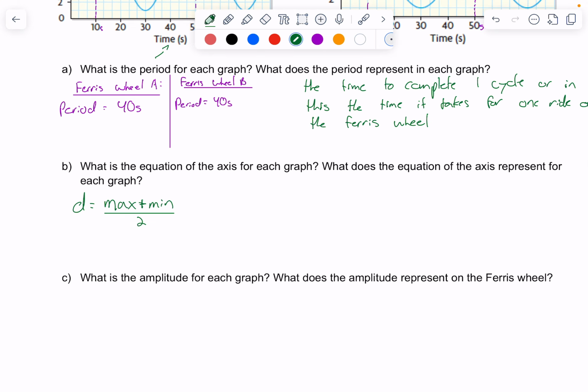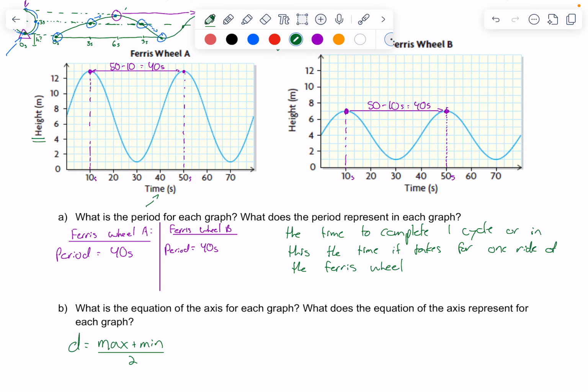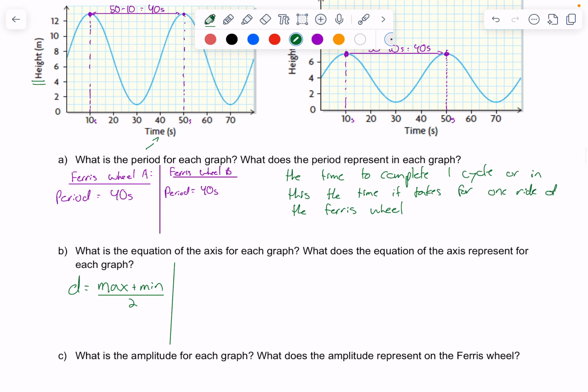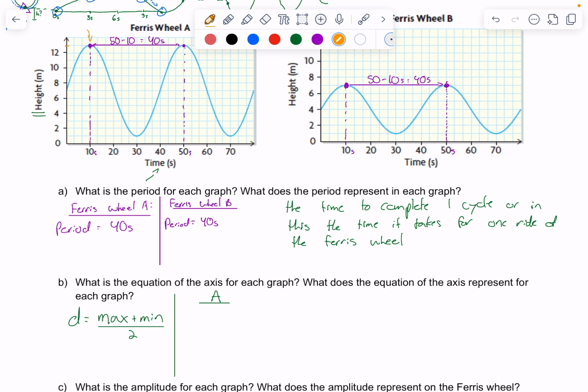So let's look at the graph here and let's say, okay, well, what is my maximum for each Ferris wheel? I'm just going to denote Ferris wheel A as A. If I look at my maximum up here, I have a max height of 13 meters, right? That's the highest the Ferris wheel will go to.